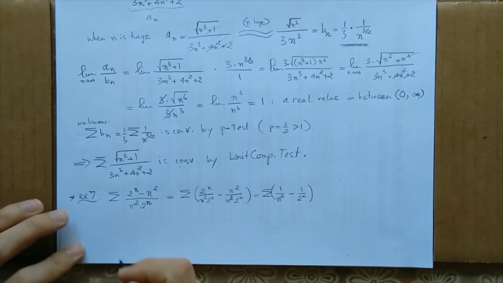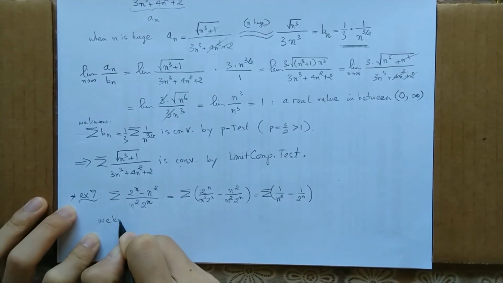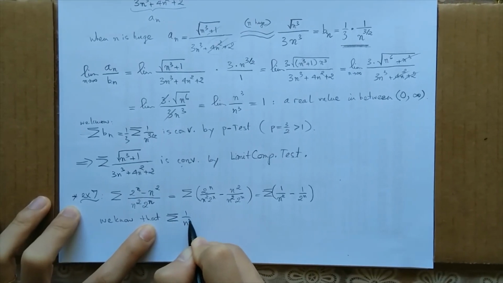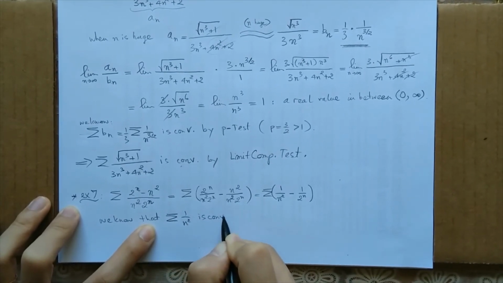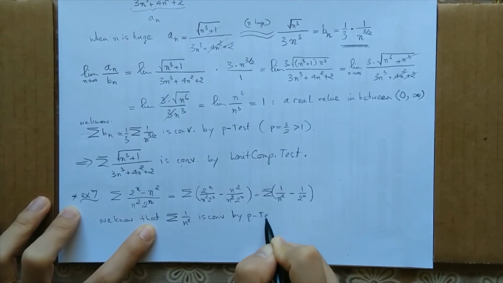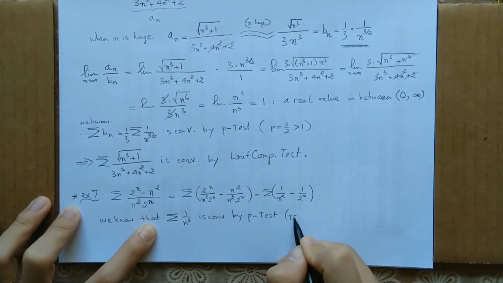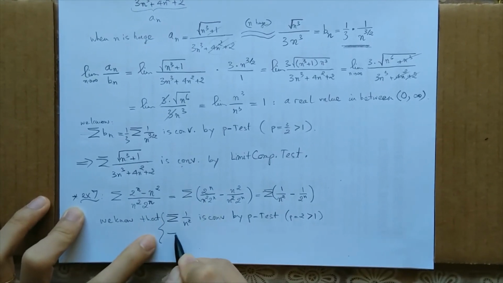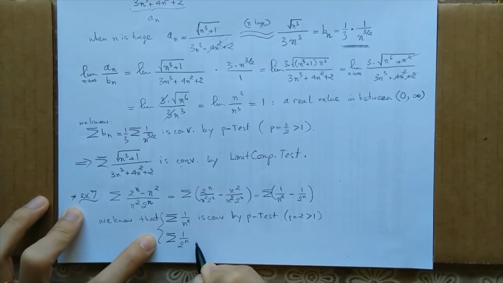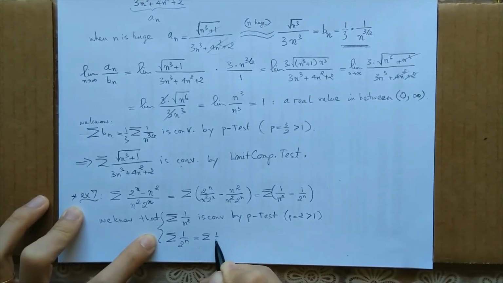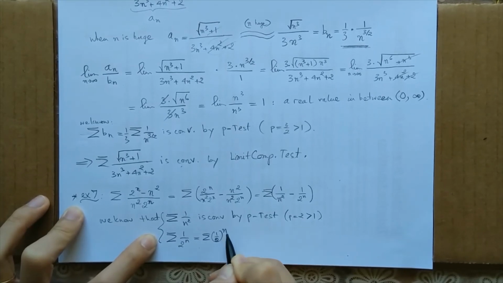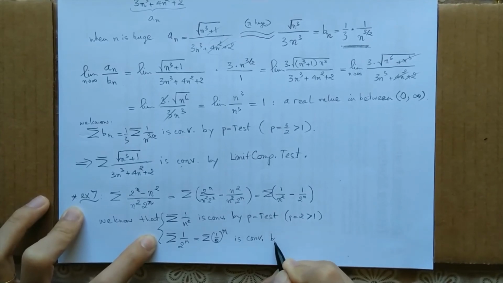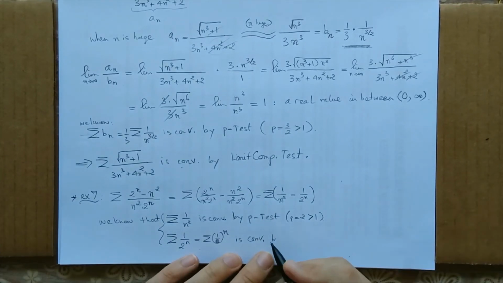Alright, so we know that sigma 1 over n squared is convergent by the p-test with p equals 2 greater than 1. And sigma of 1 over 2 to the n, which is the same as sigma of (1/2) to the n, is convergent because of the geometric series, right?